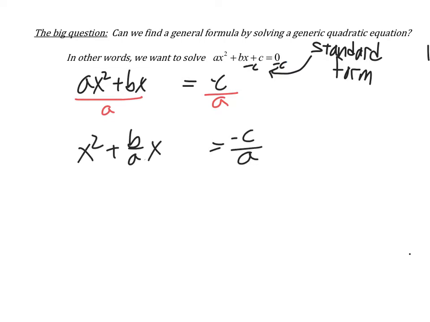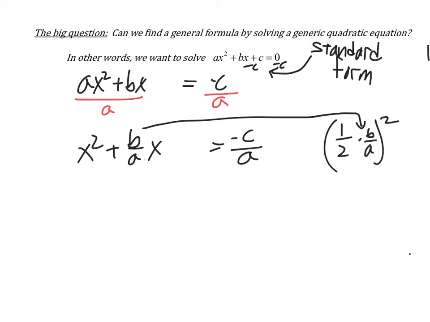Now I'm going to complete this square, so I'm leaving a little gap here on purpose because I want to think about what goes in this gap. I'd like to add something to make this a perfect square trinomial so we can factor this and complete the square. So what are we going to add? We're going to take half of this value here, b over a, and square it, because that's how we complete the square.